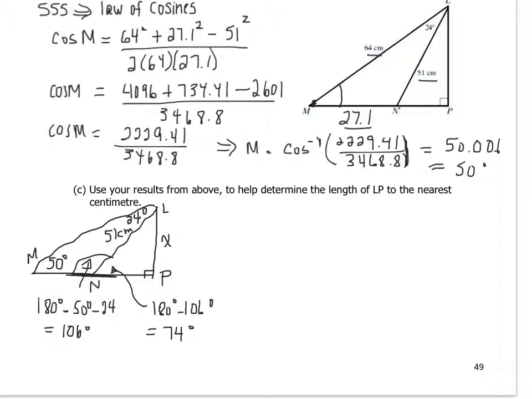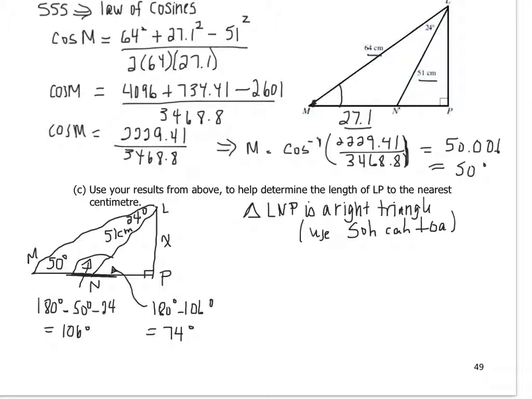So that would be 74. And then we can move to the right triangle, triangle LNP, which is a right triangle. That means we can use SOHCAHTOA now, because we have enough information. We can use sine of 74 degrees. There's the 74 degrees right here, equals opposite over hypotenuse.